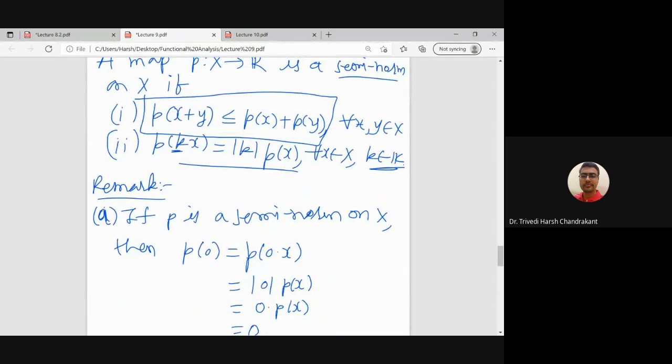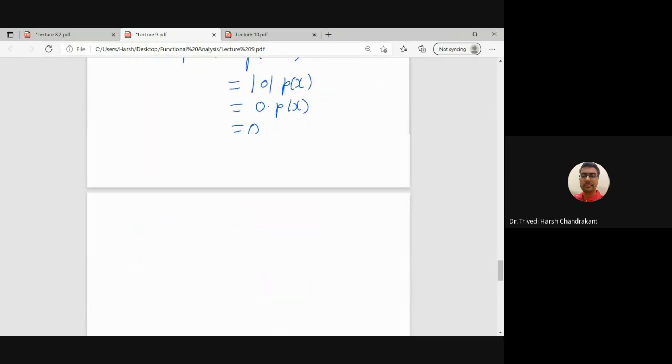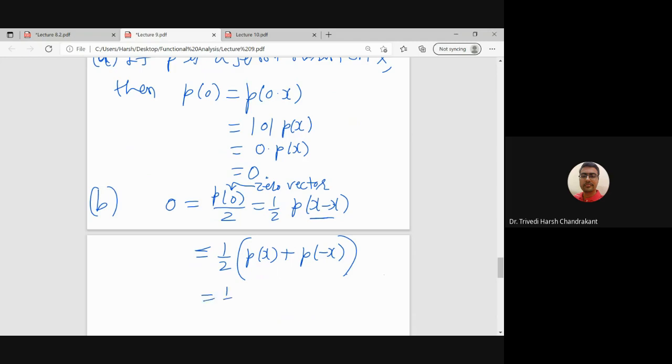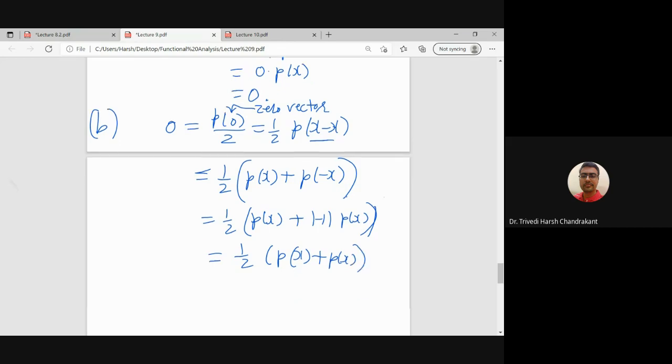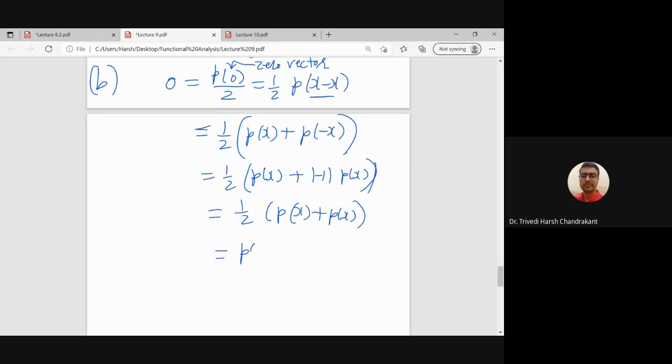Whatever constant is there, we can take out with a modulus sign. If we apply that, we get this equal to 1 by 2 times (p of x plus modulus of minus 1 times p of x). And modulus of minus 1 is 1. So that is p of x plus p of x, and that is nothing but p of x. So this is true for every x in X, that p of x is always greater than or equal to 0.